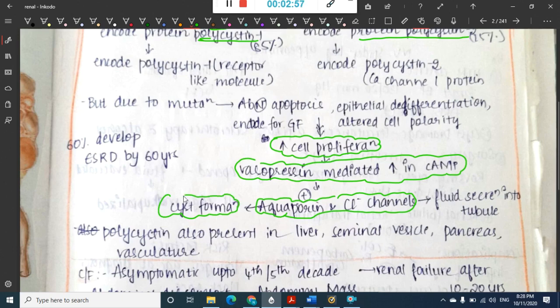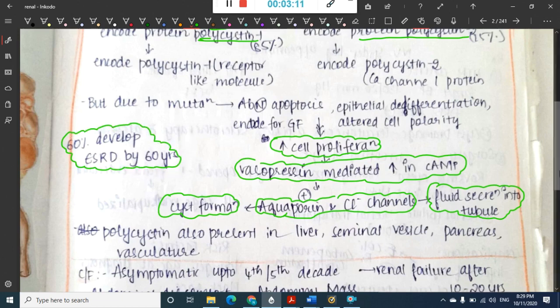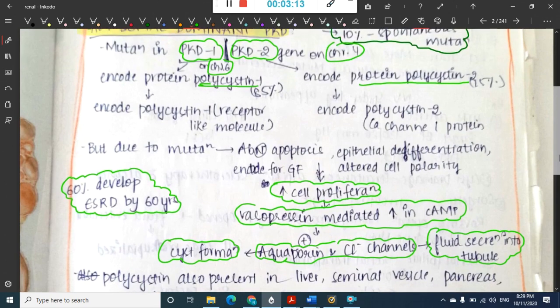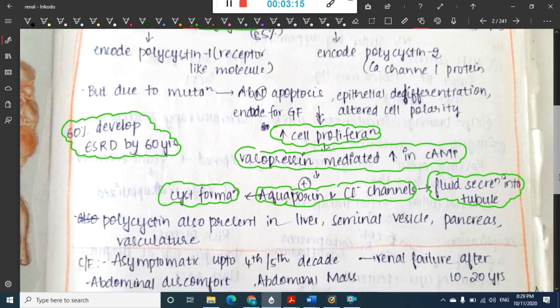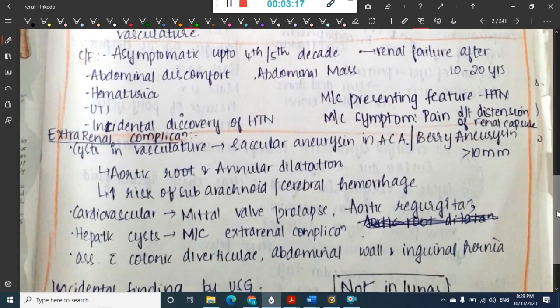These cysts are nothing but polycystic kidney disease, and this will also cause fluid secretion into the tubule. In about 60% of the cases, this will lead to end stage renal disease by the age of 60 years. So this protein polycystin is the main culprit in autosomal dominant polycystic kidney disease.